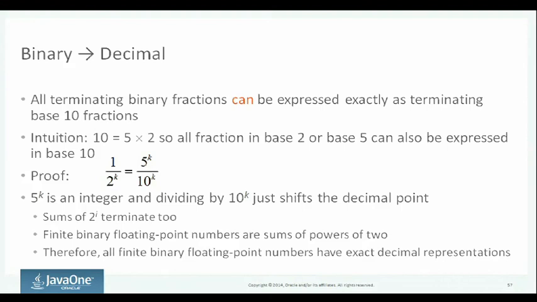So 1 over 2 to the k is 5 to the k over 10 to the k, right? So 5 to the k is just some integer, and if you divide by 10 to the k, you're just moving the decimal point. So there's nothing that can cause a non-terminating fraction there. And since binary floating point numbers are just sums of powers of 2, and the powers of 2 are either fractional powers of 2 or integer powers of 2, all the powers of 2 can be converted to decimal without a problem.